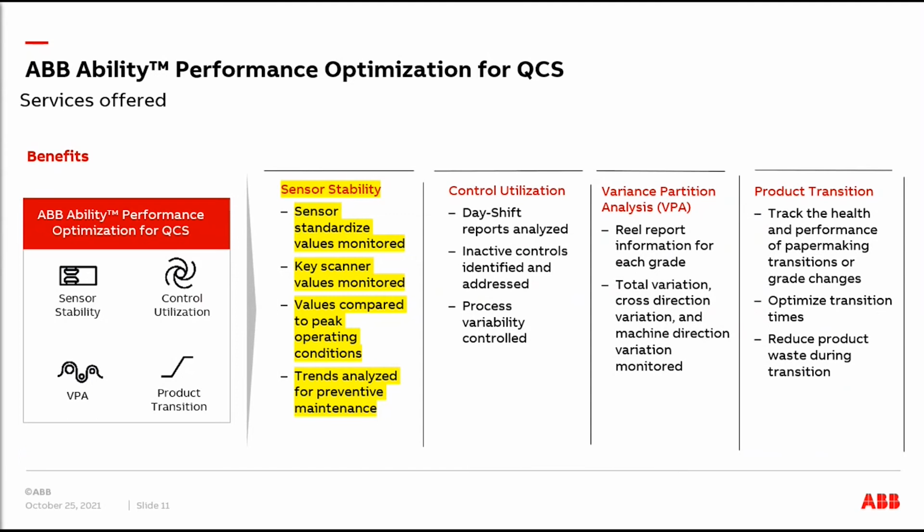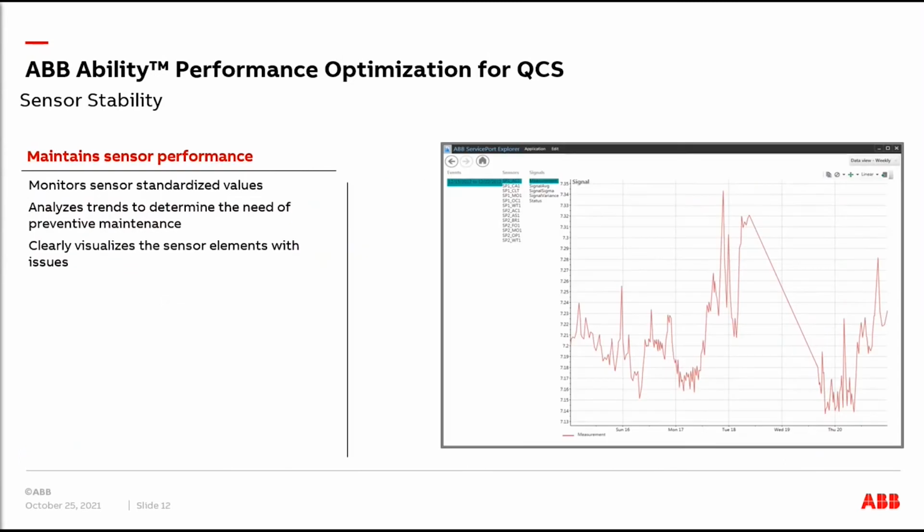Those trends can be analyzed for preventive maintenance or used to generate proactive alerts. As you can see here in the trend, each data point is the actual standardized value for the selected sensor parameter. Standardize is the online calibration of each QCS sensor that occurs every 30 to 60 minutes, based on the type of paper machine or the configuration we have done.